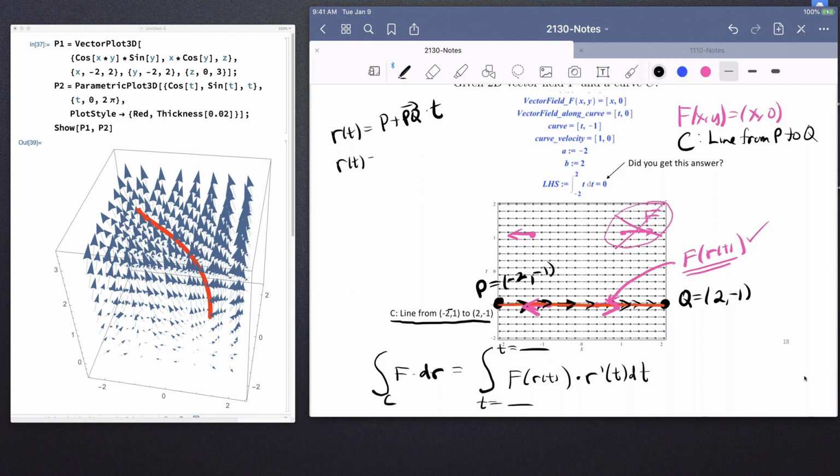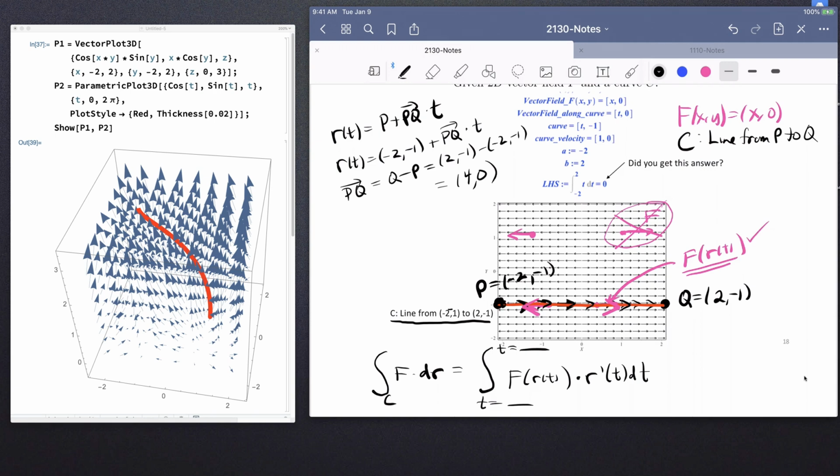We have that the point P is -2, -1, plus the direction vector from P to Q multiplied by t. The direction vector from P to Q is Q minus P. Subtracting these two points will give the vector, and that should give us 4, 0.